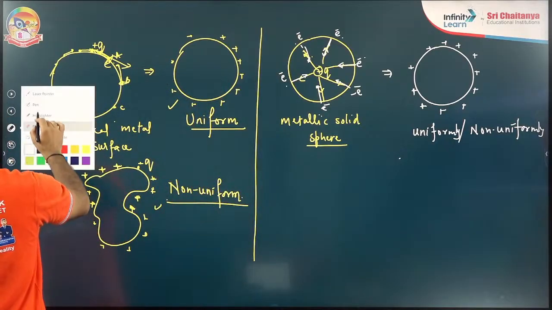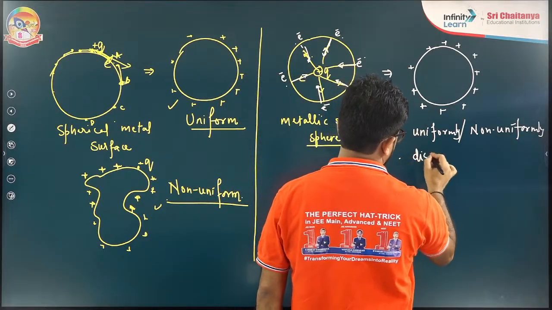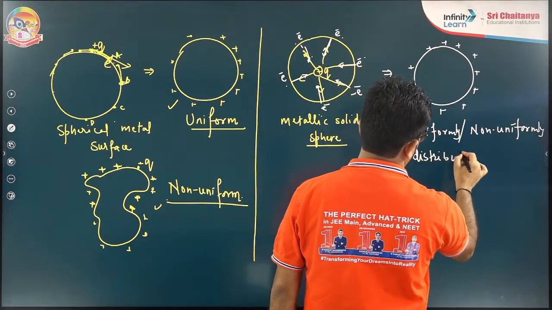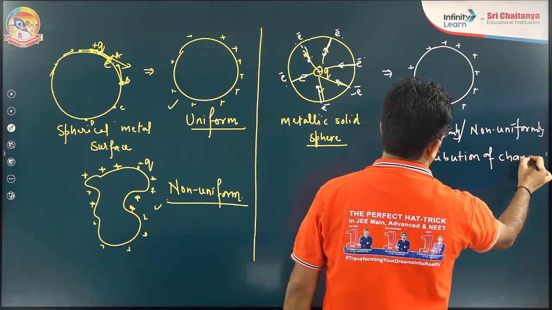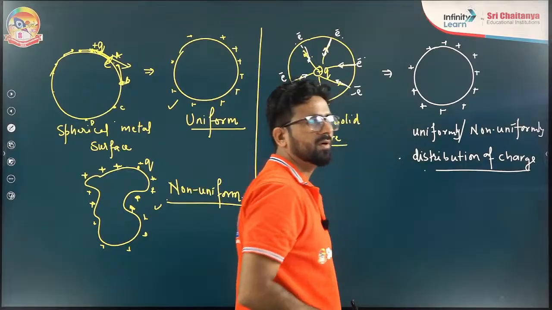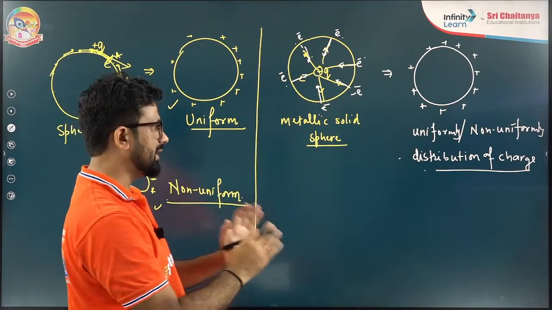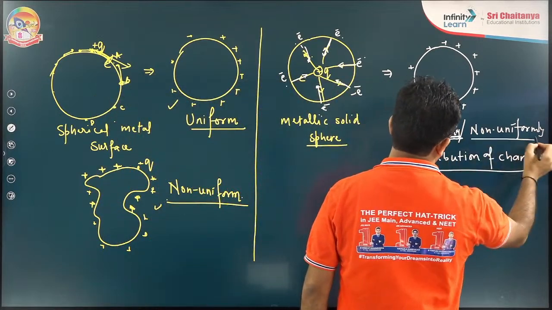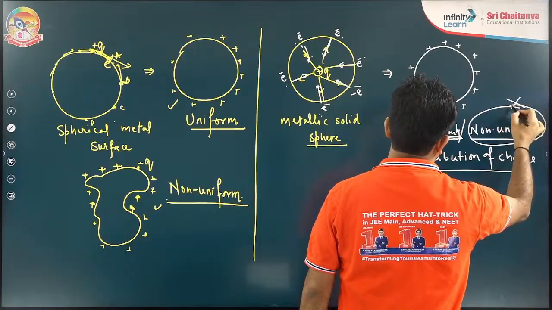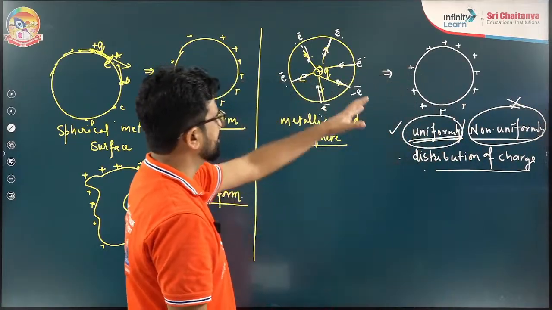Yes, Zaranya beta, very good. The answer is uniform. It is not non-uniform, that is incorrect. This is correct. So this is a uniformly distributed charge because this is a sphere.